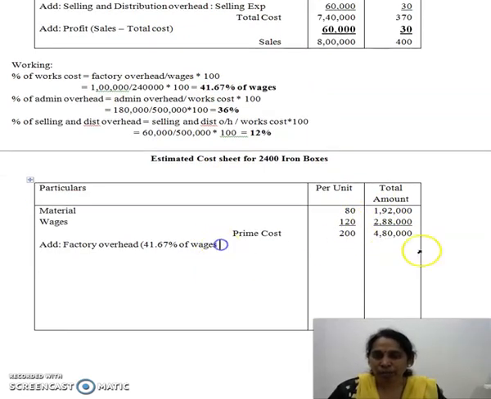Okay, so here 41.67% of wages, here 2,88,000. So how much is it coming?